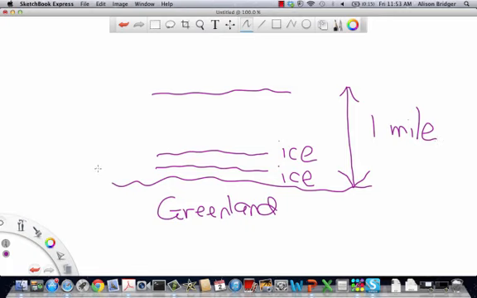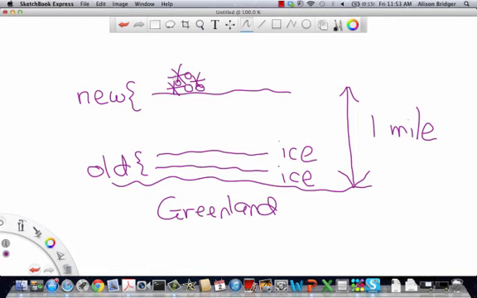And the important thing to realize is that the stuff at the bottom is old ice, whereas the stuff at the top is new ice. Now, it turns out that as these snowflakes accumulate and form the ice layer, there are little tiny bubbles of air trapped in between.